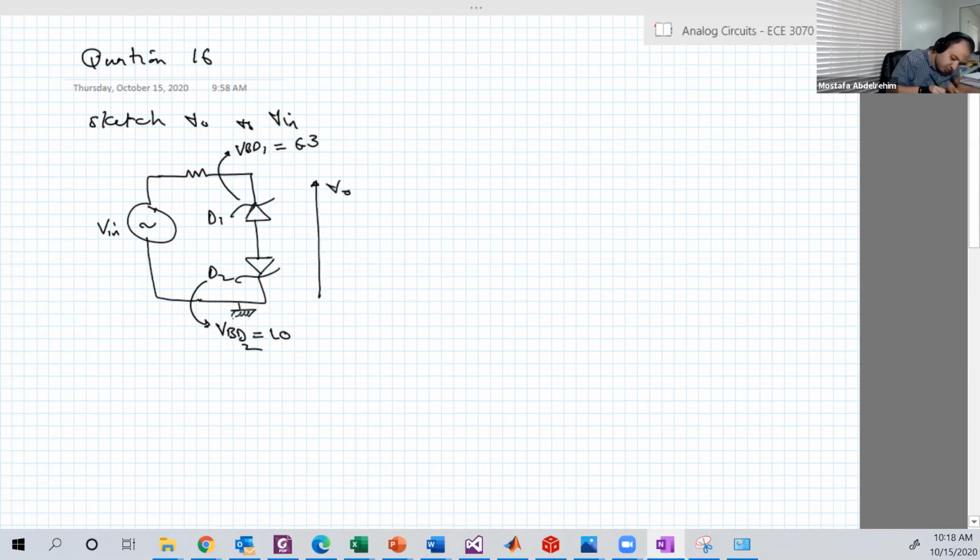versus V input. And here is the input. The input is a square wave.